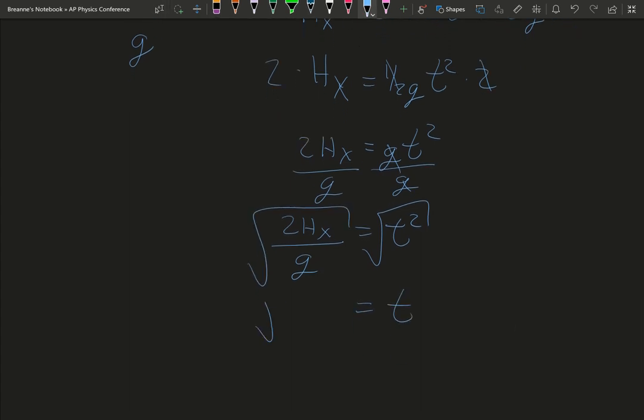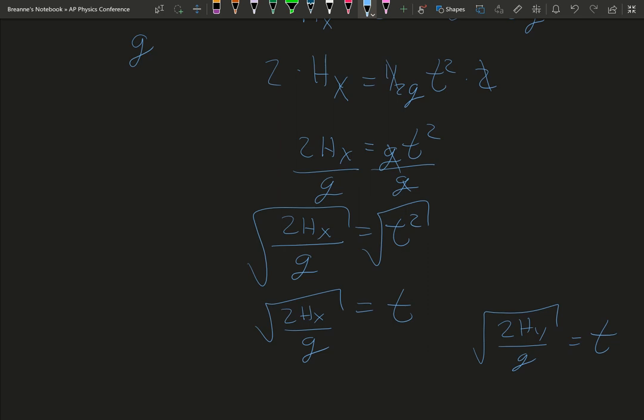So you get your time is the square root of 2hx over g. And you get to do that all over again for your y. You don't necessarily have to show all the work again, but just show that 2 over gravity. So this is why your time is the same. Woohoo! We derived another expression.